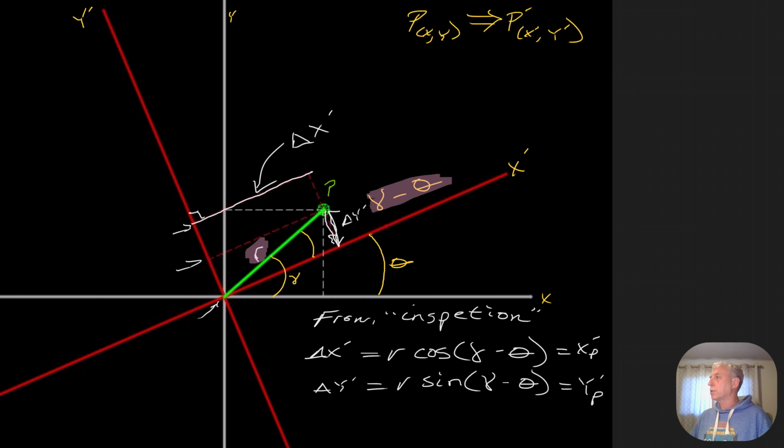So I have my coordinates. We have P prime at x prime P, y prime P. So same point, new reference frame, which means we have new coordinate representations.